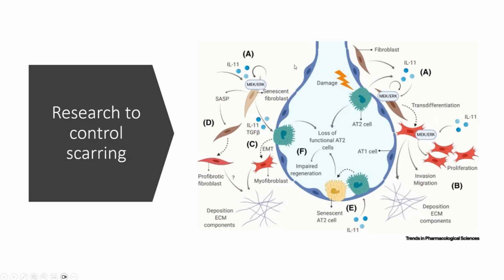Right, so IL-11, there it is. It causes a cascade of effects. It's not a simple process. IL-11 stimulates MEK-ERK, stimulates SASP, stimulates fibroblasts to come out of senescence. In other words, they're asleep and not producing fibers. They're not producing scarring.